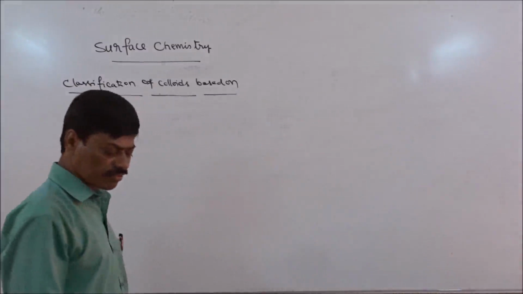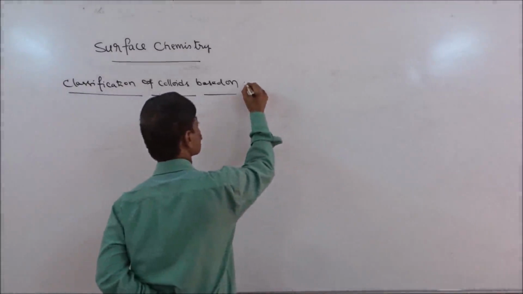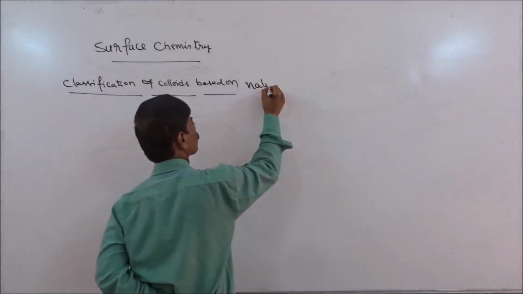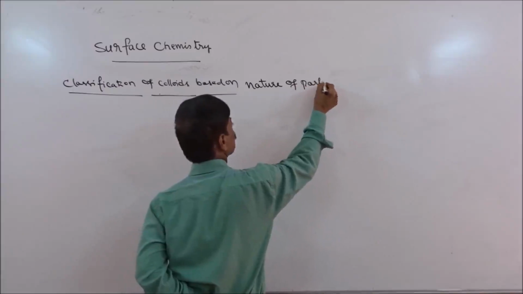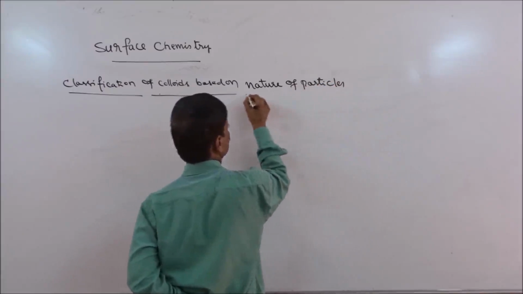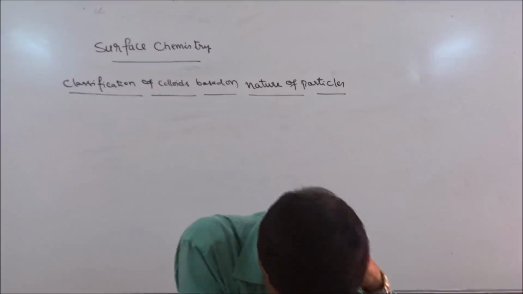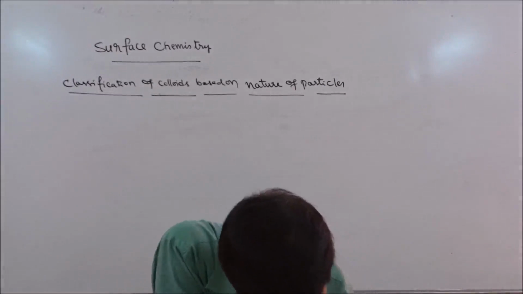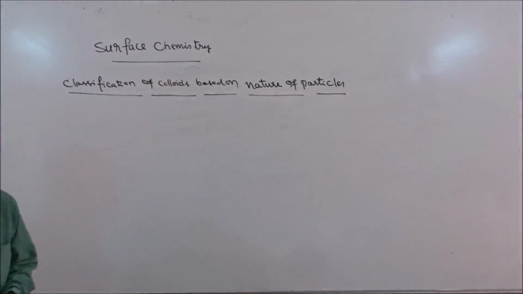Now let us see classification based on nature of particles. Here mainly we have two types of colloids based on the nature of the particles.